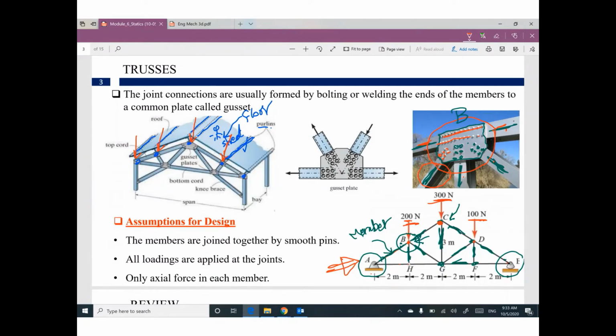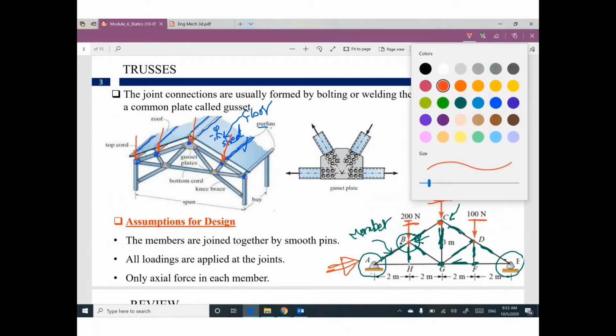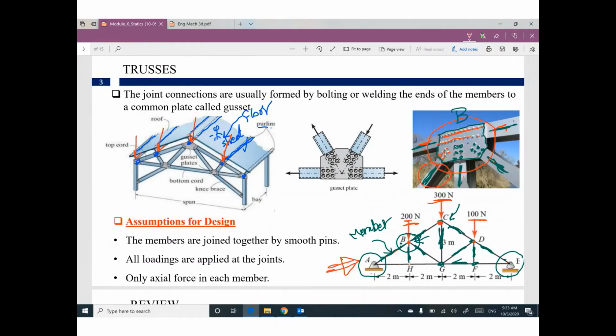We understand this interesting topic and this interesting structure. What we need to figure out is the force in this member, the force in this member, and the force in this member.